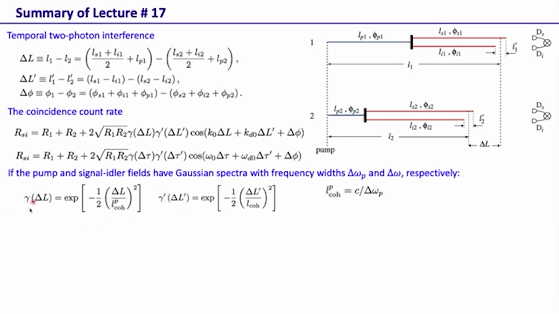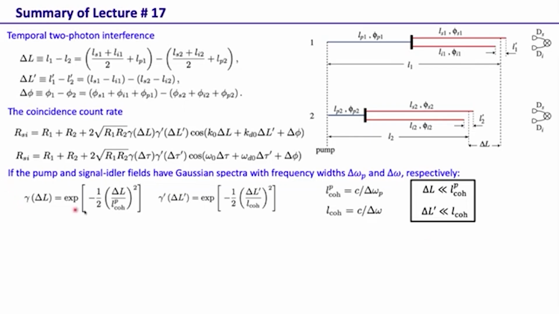And for a Gaussian, it's easy to define the width. For such a Gaussian function, we saw that this is the coherence length corresponding to gamma, and similarly we can have this as the coherence length corresponding to gamma prime. This coherence length is essentially the coherence length of the pump, while this one, the width of the gamma prime function, is calculated from the frequency bandwidth of the signal and idler fields.